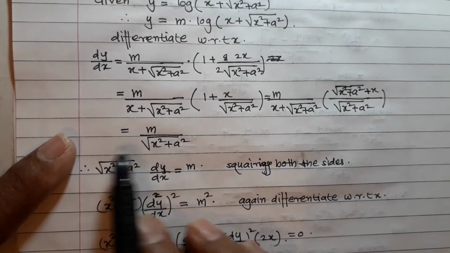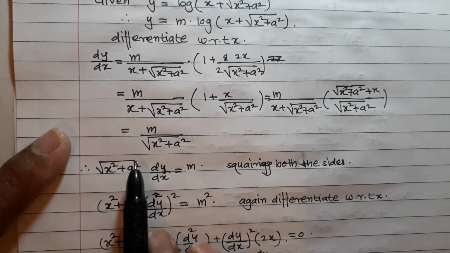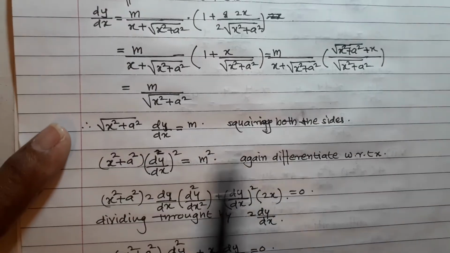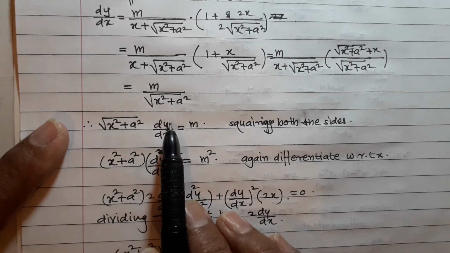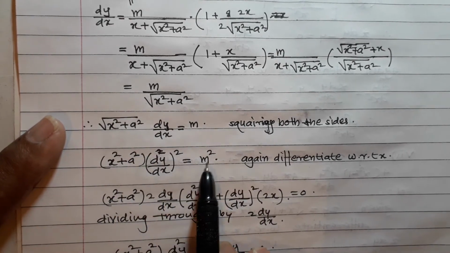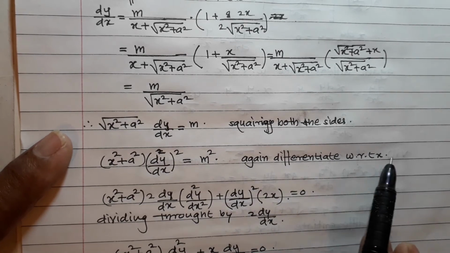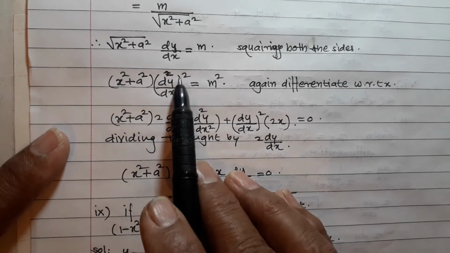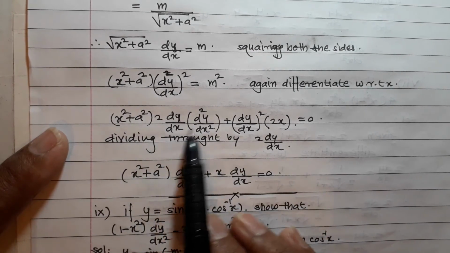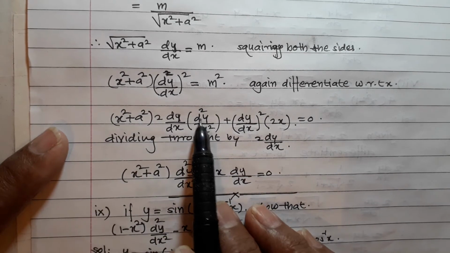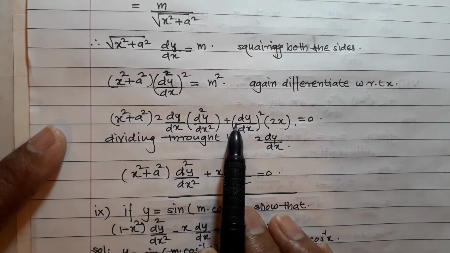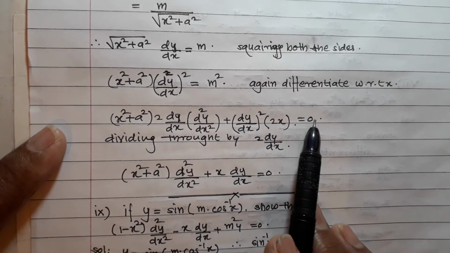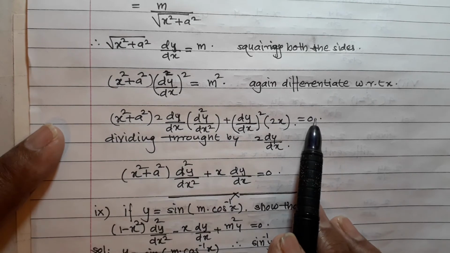Now this you bring here, so root x square plus a square dy dx is equal to m. Squaring both the sides, x square plus a square dy dx square is equal to m square, and again differentiate with respect to x. x square plus a square into derivative of this 2 dy dx, derivative of dy dx is equal to d square y dx square, plus dy dx square into 2x is equal to, this is constant, derivative is 0.